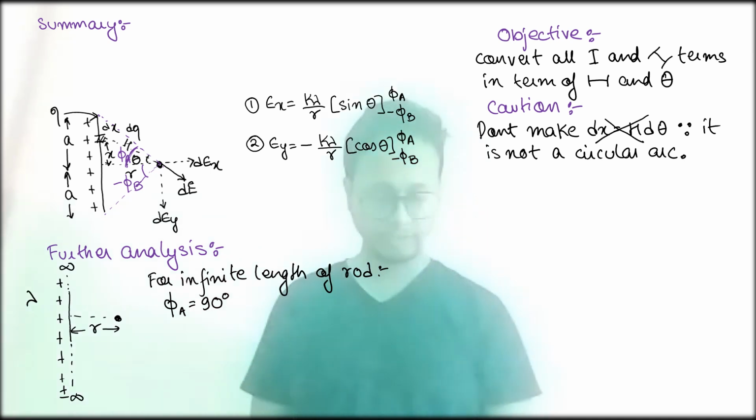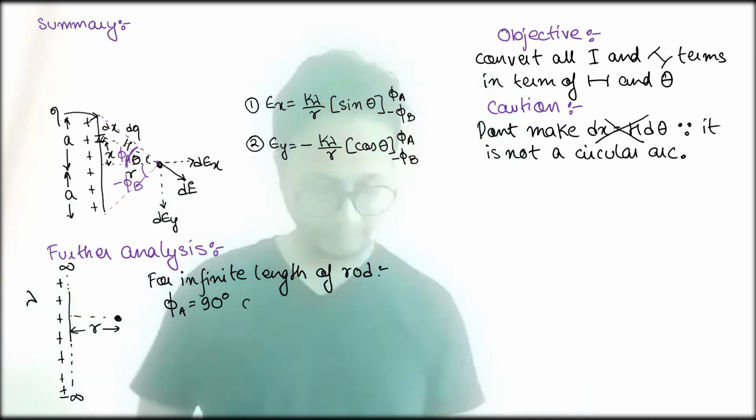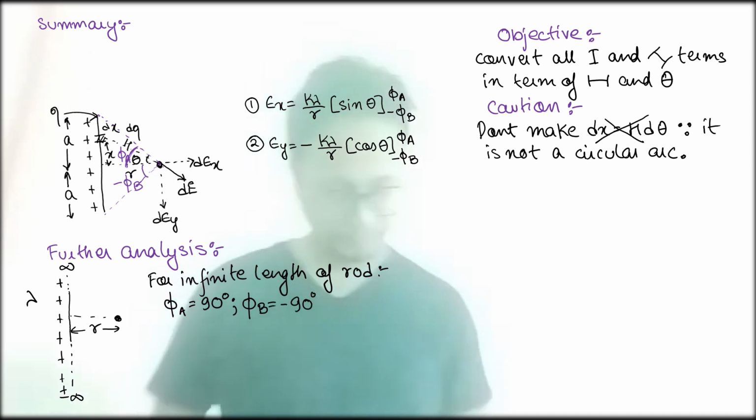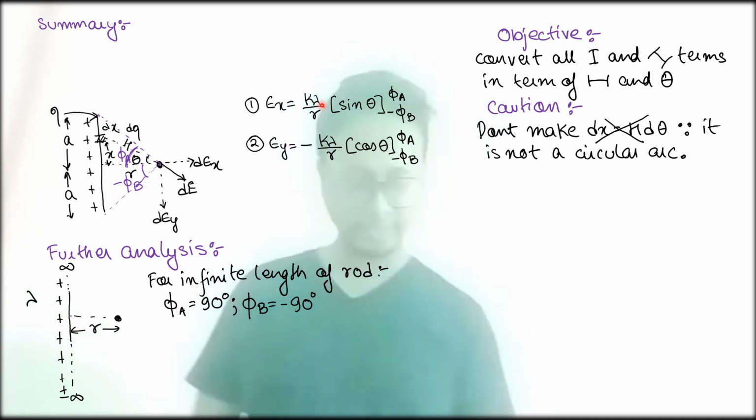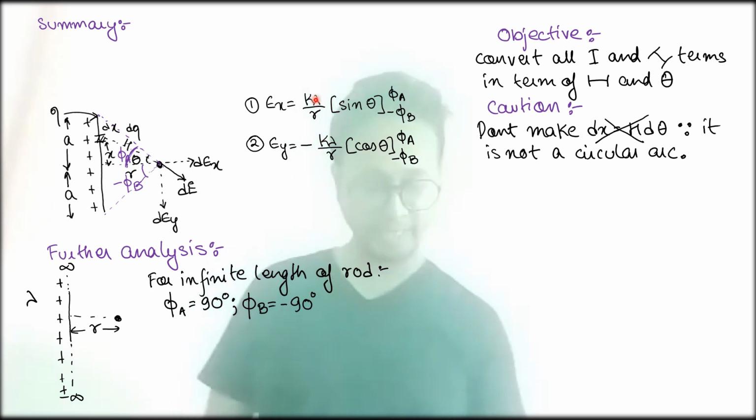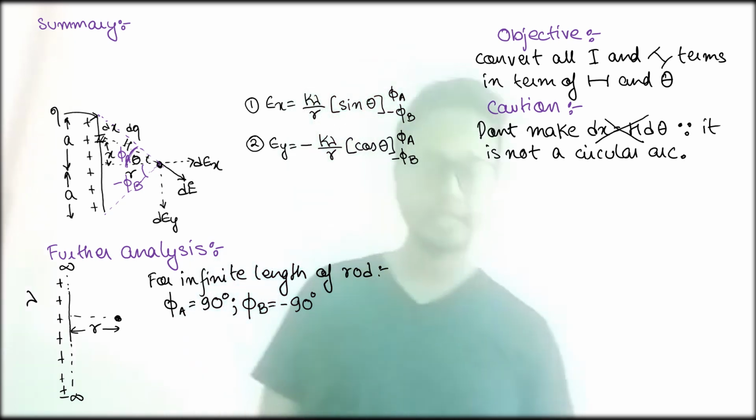Out here, phi b would be minus 90 degrees or minus pi by 2. So the x component of electric field is k lambda by r into sine 90 minus of minus sine 90. So it is k lambda by r into 2 sine 90.